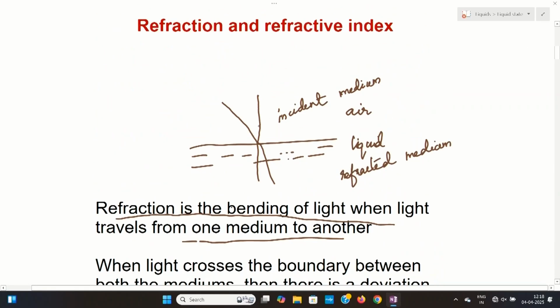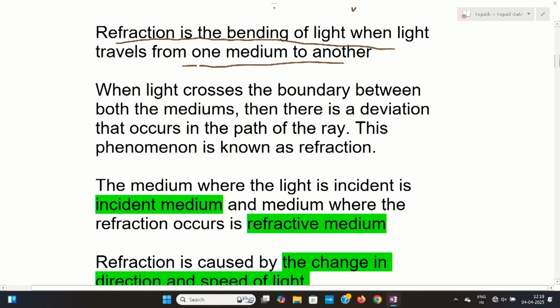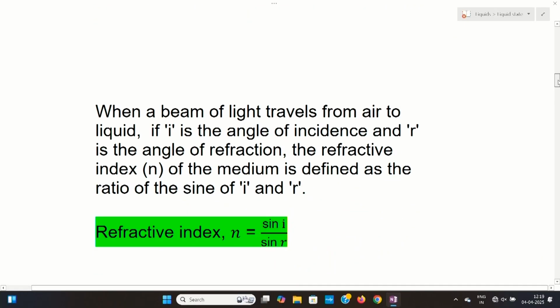Here, the angle of incidence is called I, and the angle where the light is refracted is called the angle of refraction, R. So one is the incident angle and the other is the refracted angle.